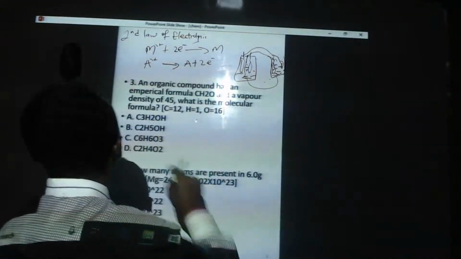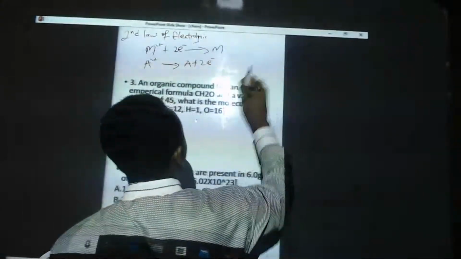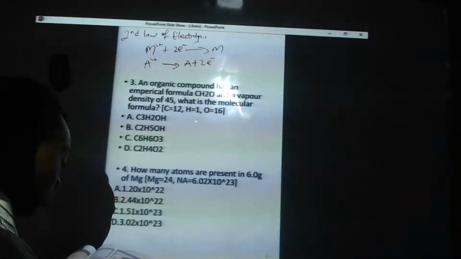Okay, let's take a look at an example so that we're able to understand what the second law is actually talking about.